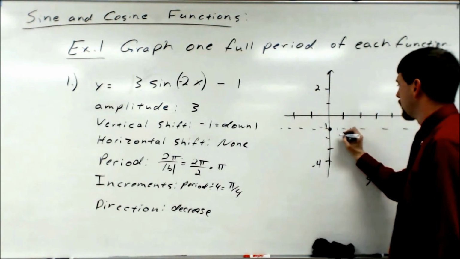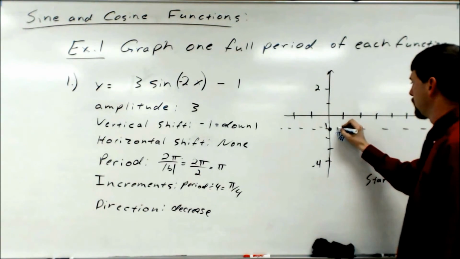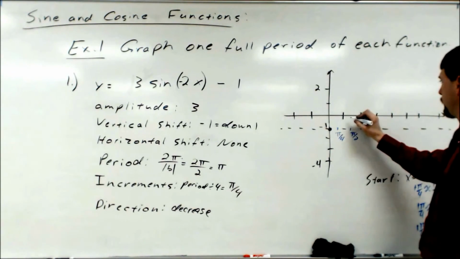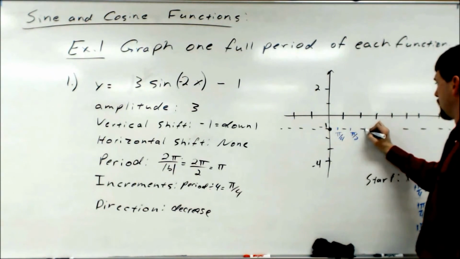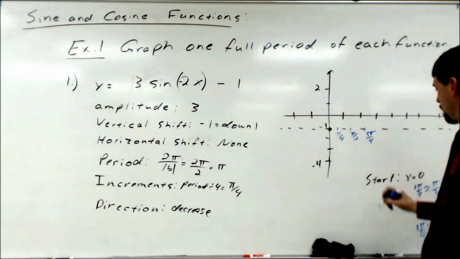So we've got pi over 4, pi over 2, another pi over 4 puts us at 3 pi over 4, which is about 2.3 or 2.4. So we'll say that that's 3 pi over 4.